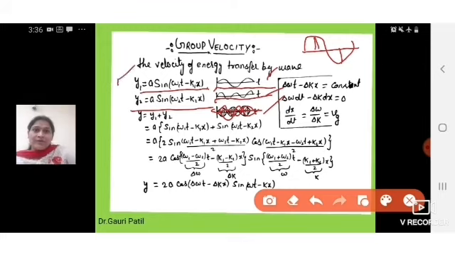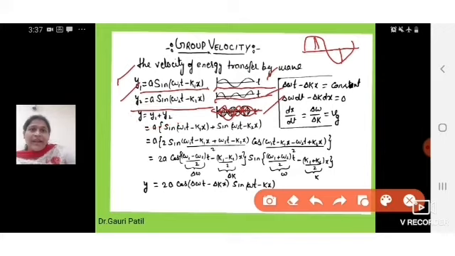Now these two waves get superimposed, so we can write y = y1 + y2. This is the representation of the wave packet. Then what happens here?